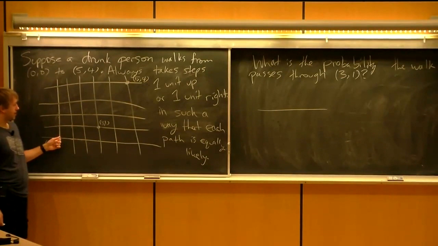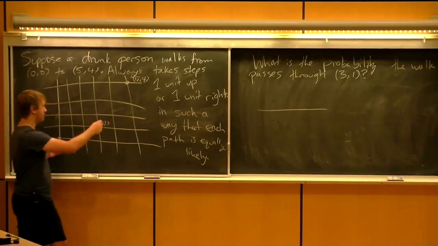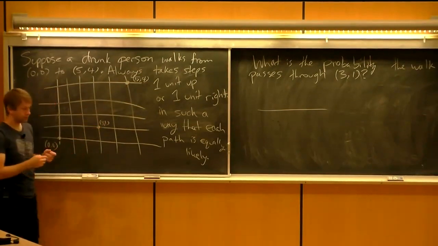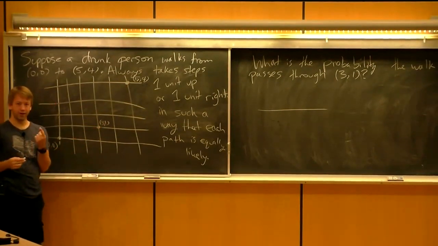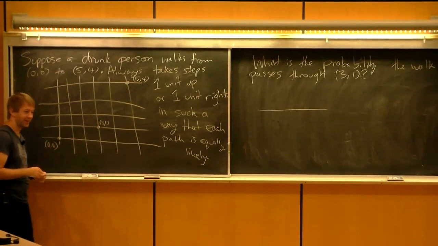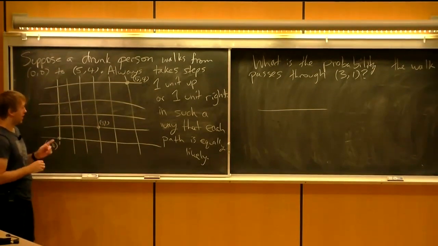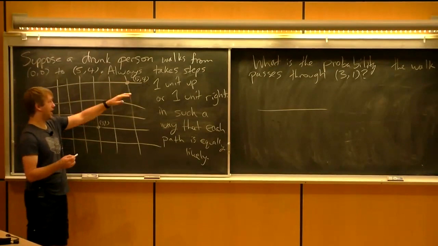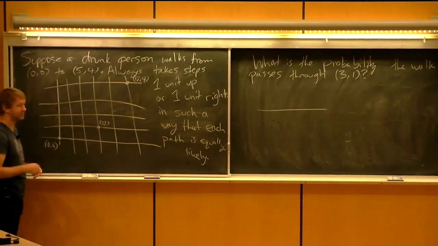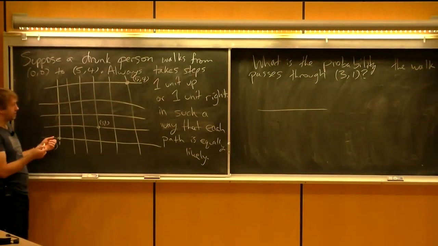But here's the thing. To compute the number of paths from here to here, here's the trick. Pretty close, 9 choose 5 or 9 choose 4. I figured you must mean 9. So it's going to be 9 choose 5 or 9 choose 4. They're the same number anyway.